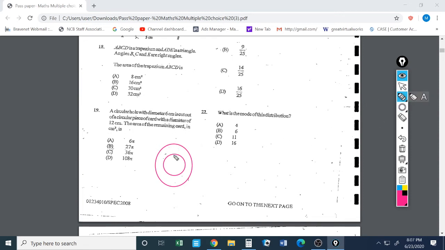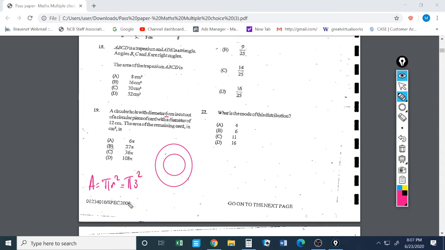Now clearly, firstly, to find the area of a circle, the area of the circle is equal to pi r squared. Now if the first one has a diameter of 6, then the area for the first one is pi times 6 divided by 2, which is 3, squared.